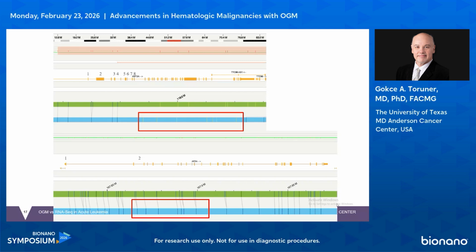And also, if you look at these findings in more detail, it was a KMT2A exon 8 and AFDN exon 2 fusion, which is apparent also from the OGM studies.